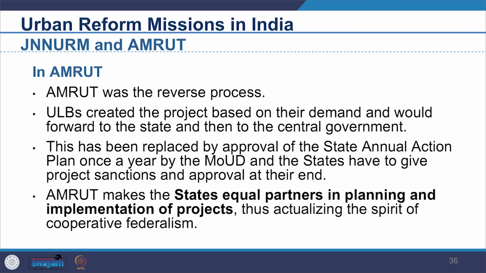Now, the ULBs created the project based on their demand, the demand of the users and the priority areas, and would forward it to the state and then to the central government. So, the earlier pattern was replaced by approval of the state annual action plan once a year by the ministry, and the states have to give project sanctions and approval at their end, so the burden of creating, designing and executing the project was transferred from the central to the state government and to the urban local bodies.